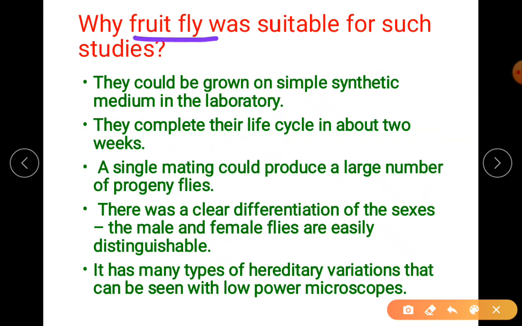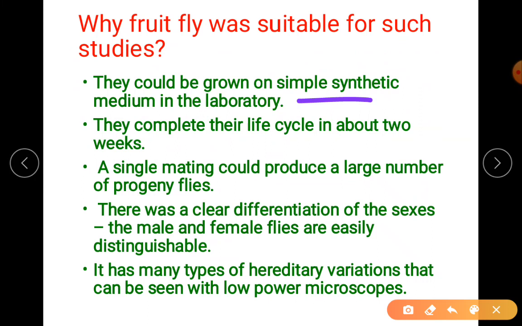Because it had all the easy characters for him to manage. Let us understand what those characters are. One, they are grown on a simple synthetic medium. You can grow them on any sugary material, anything that is decaying. So you can prepare an easy medium for them to grow. You know how they lay the eggs and the maggots come. That is how it works.